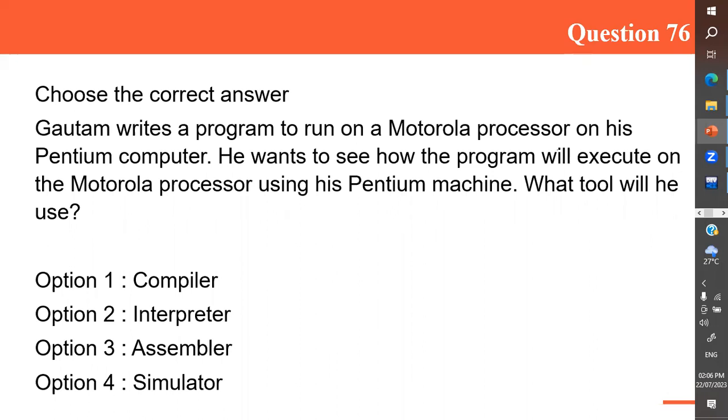What is a simulator? I think few people would know it. People who play games, have you ever used BlueStacks? Have you ever heard about BlueStacks? Few people would have heard about it. It was actually an Android simulator, if you remember.